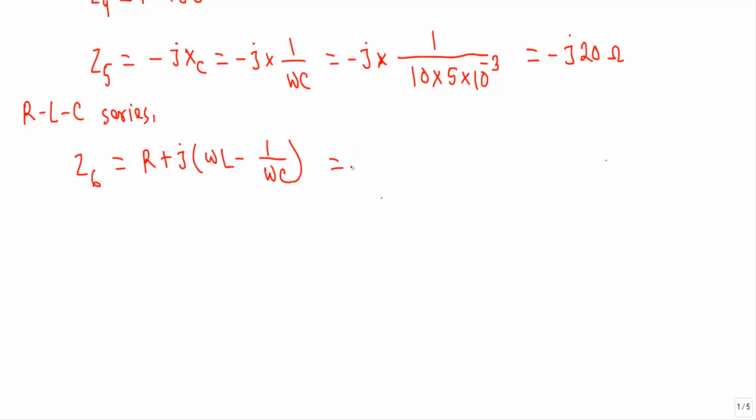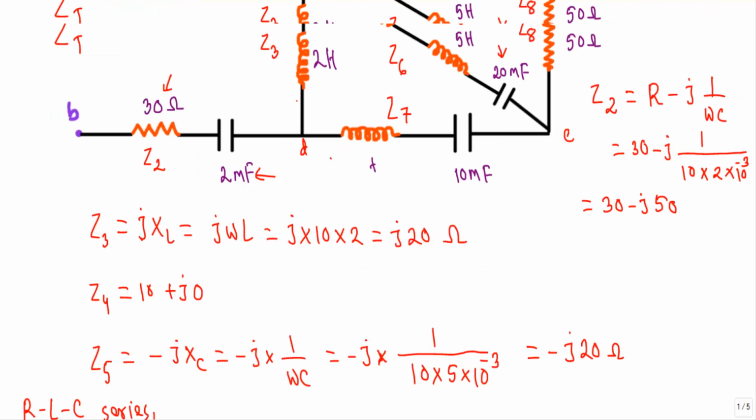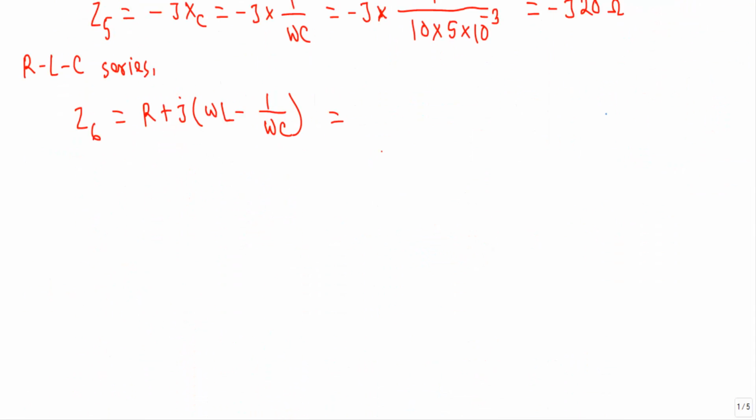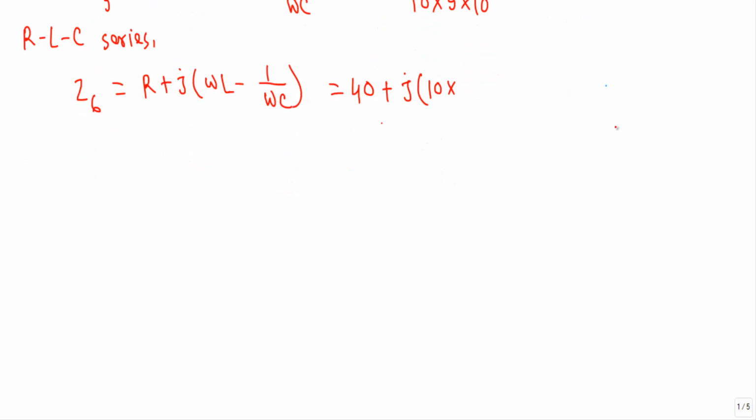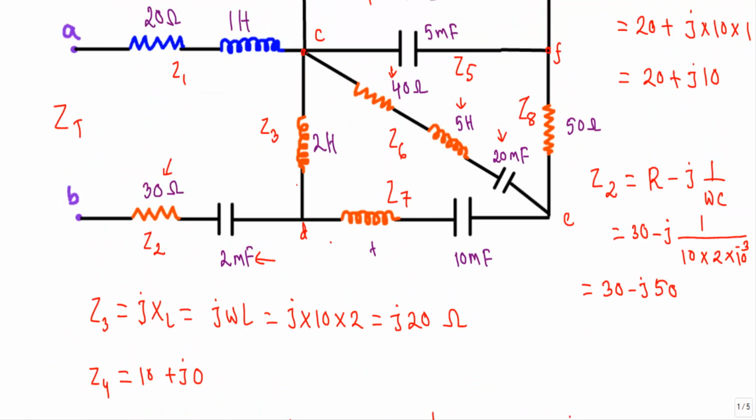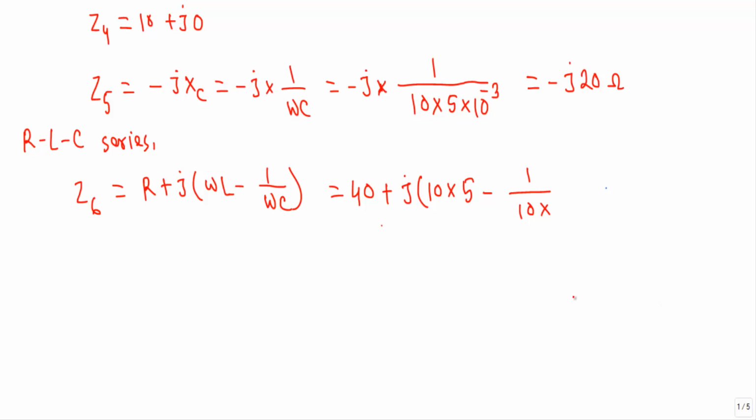Okay, see here R will be equal to 40 plus j(omega is equal to 10 into 5 minus 1 by 10 into 20 millifarad).